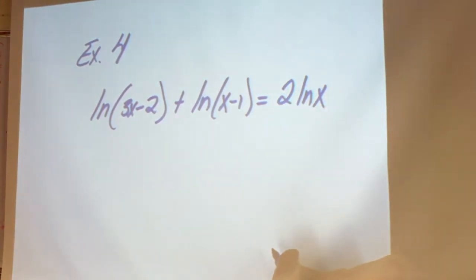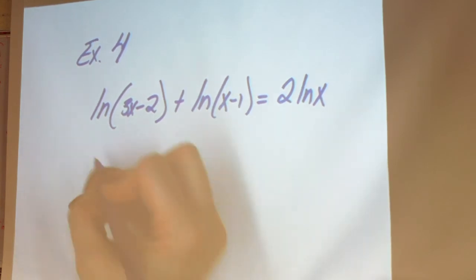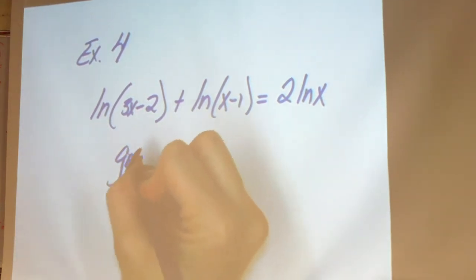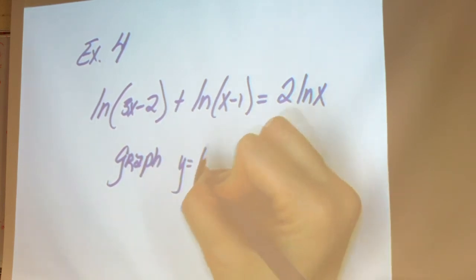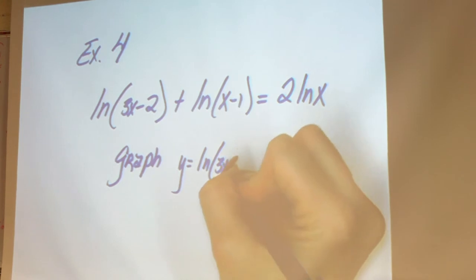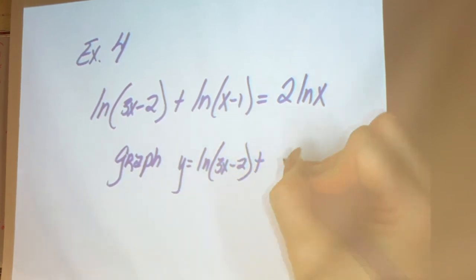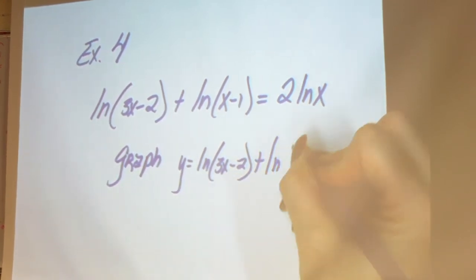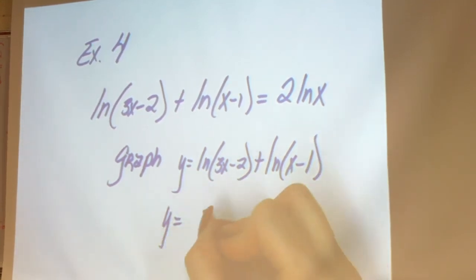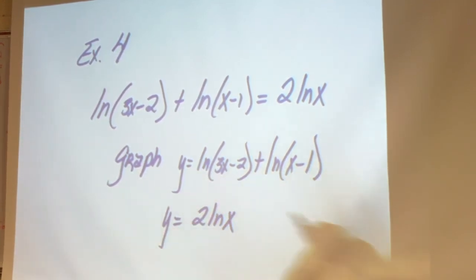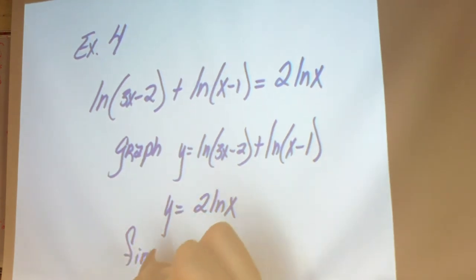Wow. Okay, so a couple of ways of doing this. You could, again, graph y equals the natural log of 3x minus 2 plus the natural log of x subtract 1. Then graph y equals 2 natural log of x and find the intersection.